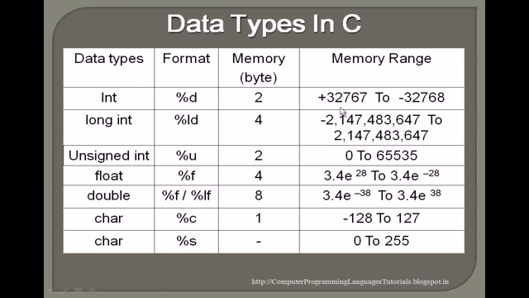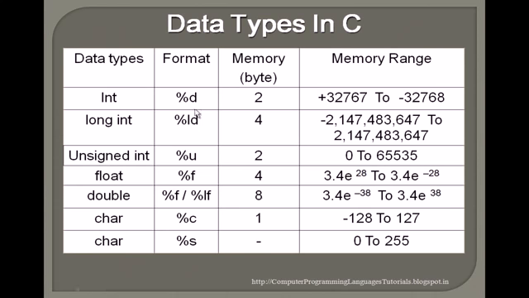The range is 32767 to minus 32768. If you want to store a salary of employee, and if you have a salary 40,000, then is it possible to store in integer? No, it is not possible. Why? Because it has a range only up to 32767. Got it?